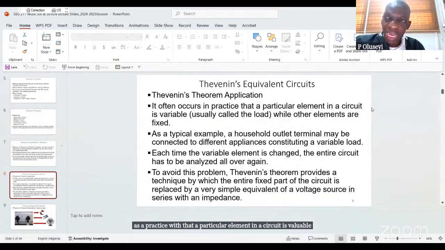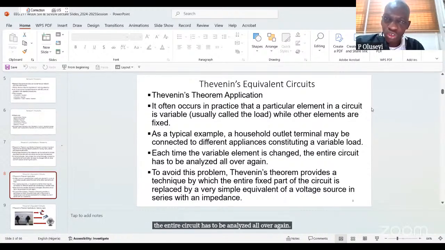In this case, our load may be varying, while other elements are fixed. As a typical example, a household outlet terminal may be connected to different appliances constituting a variable load. And each time the variable element is changed, the entire circuit has to be analyzed all over again.